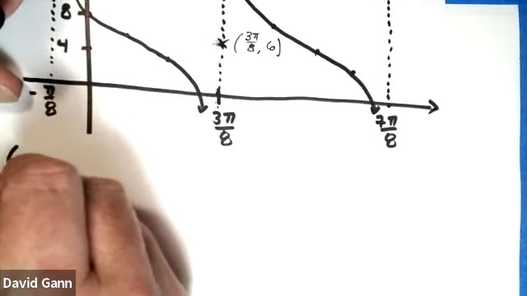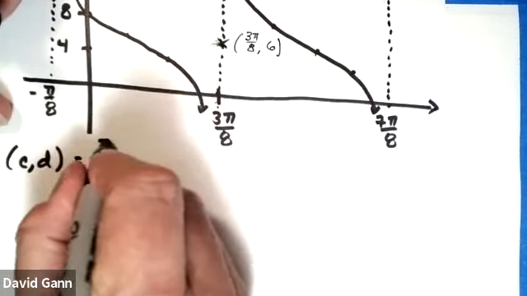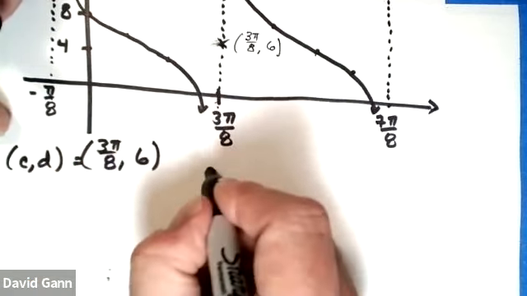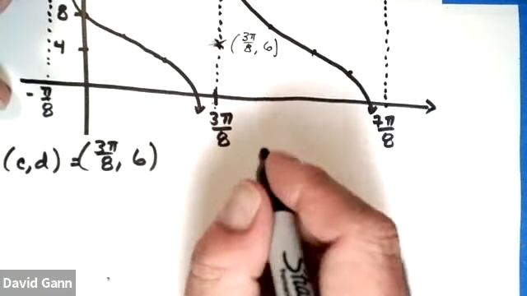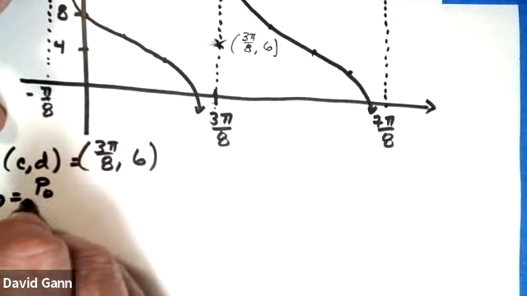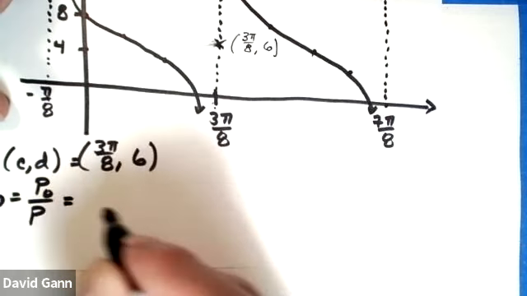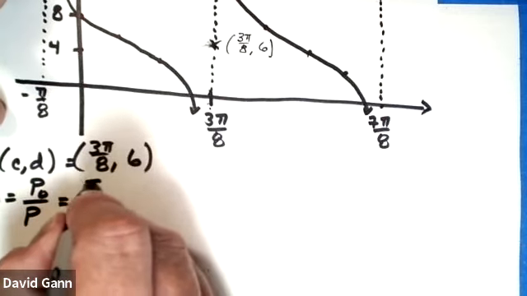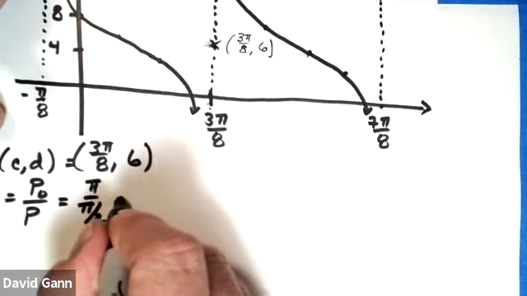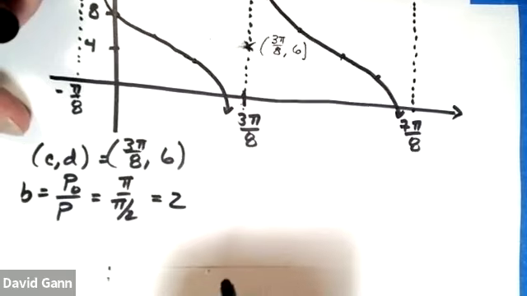So CD is equal to 3 pi over 8, comma 6. The B value is equal to the normal period divided by the actual period, which happens to be pi over 2, which reduces down to just 2.